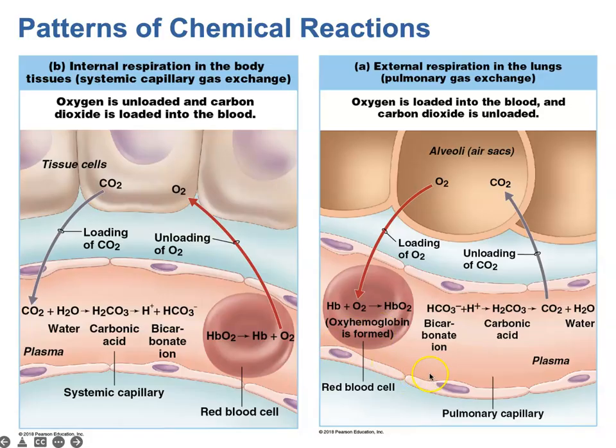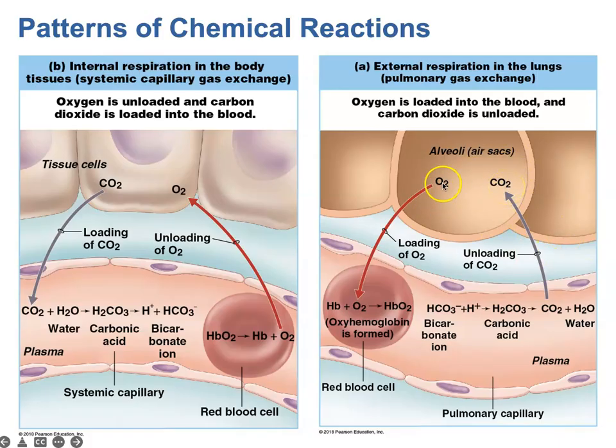What happens at the exact same time as this is taking place is now we have bicarbonate and hydrogen ion combining, making carbonic acid, and then dissociating into CO2, carbon dioxide, and water. So now what happens is the CO2 diffuses across into the alveoli, and now we will exhale out this carbon dioxide that our body is trying to get rid of.